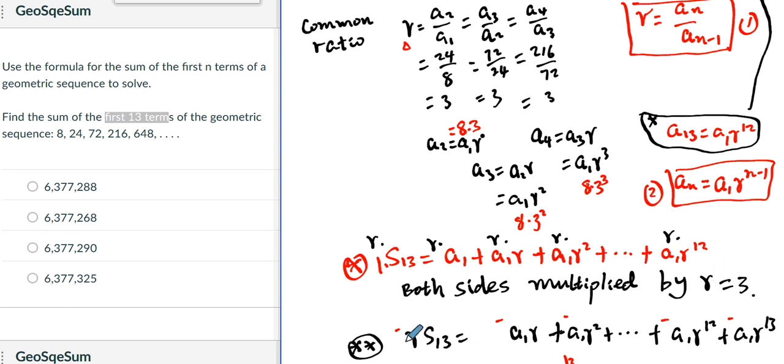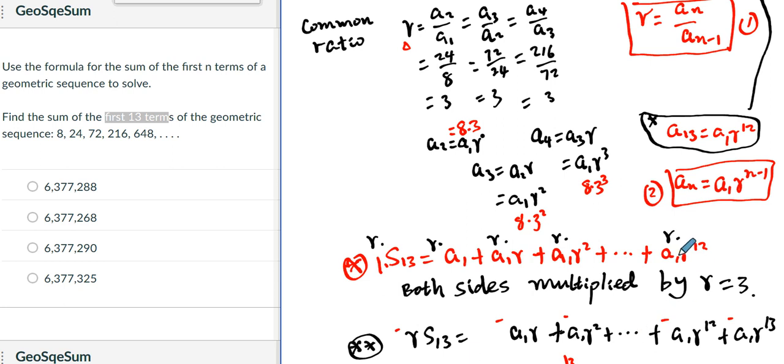You may put 3 here, but we are working on the general formula, so we may put just r. Then A1 times r is here. And then A1 times r, this red term, times another r, you can put right here. So you have A1 times r squared, and then times r, you shall put somewhere here.